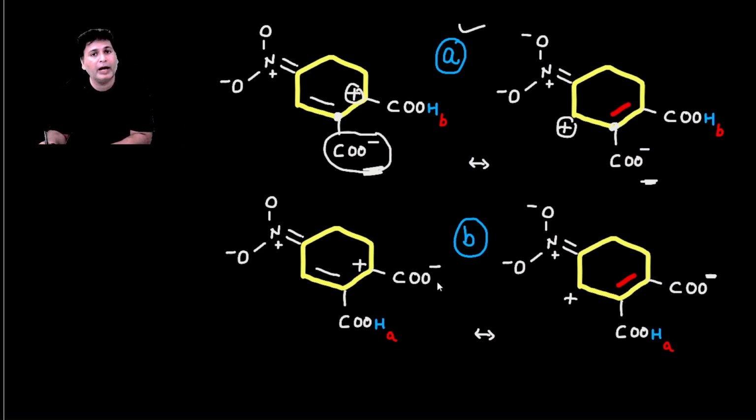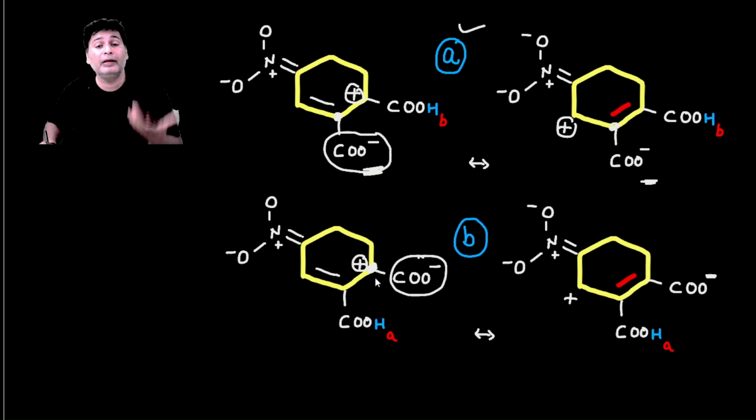Once you depart hydrogen B, again a carboxylate group is created, but this time you understand the plus charge is coming directly in the vicinity of this carboxylate group and will have a huge impact with respect to stabilizing this minus charge, with respect to dispersal of this minus charge, and it will start pulling the minus charge to the best extent in this particular structure, as you can see.